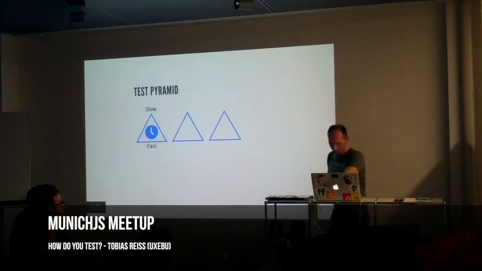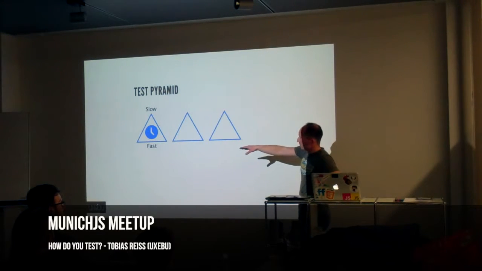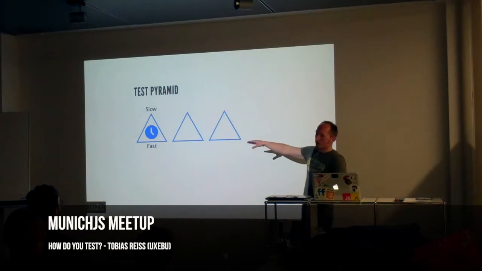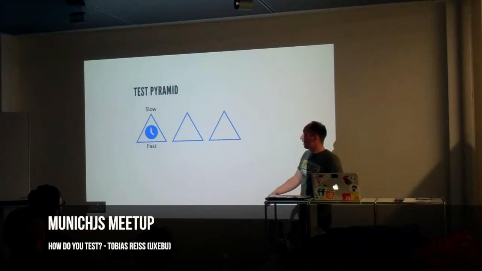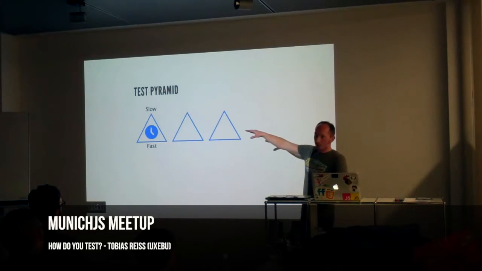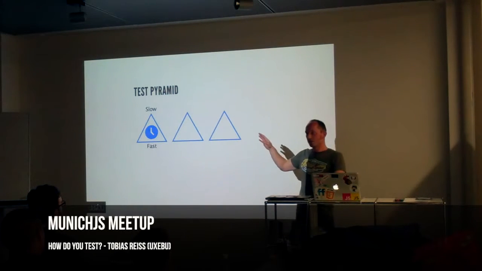So let's go to the first part. That means you, as a developer, should be able to execute the test very fast. Whereas executing the test very slow is something a QA can do, but that's not for your daily workflow.